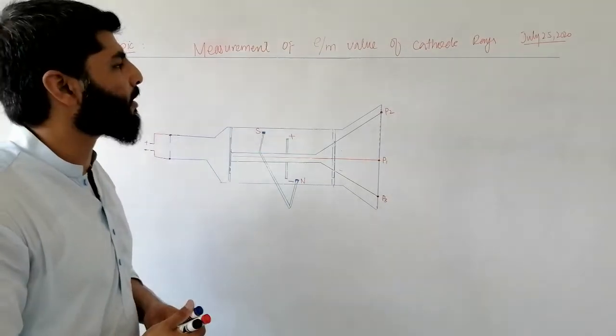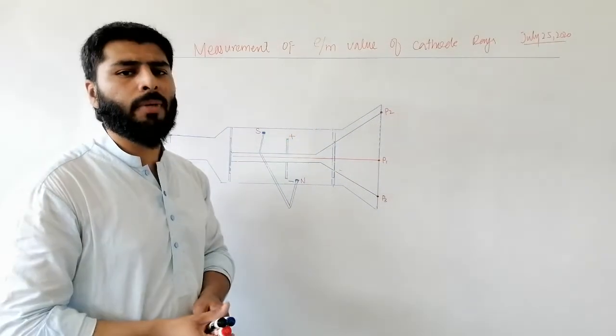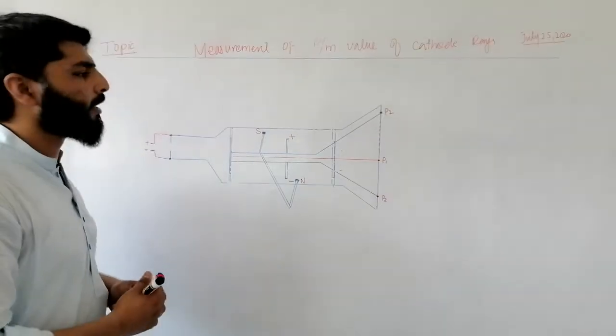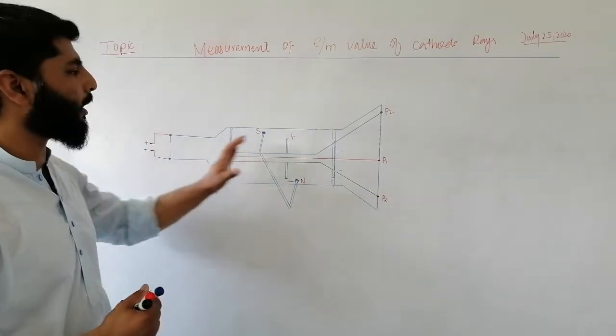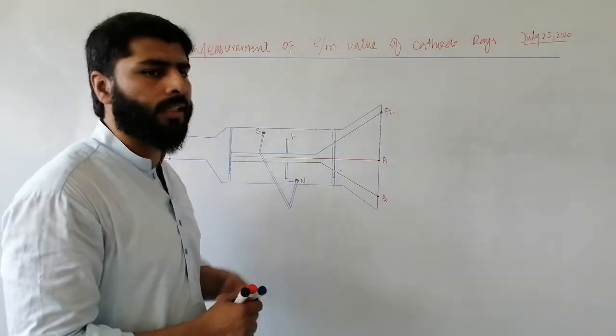Now, today we will discuss the charge to mass ratio, or charge to mass value, of the cathode rays. For this purpose, J. Thomson devised an instrument, a technique.